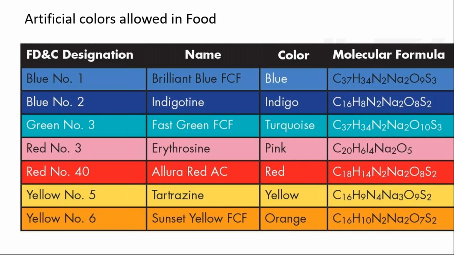So to complete this webinar, the artificial colors which are allowed in the food industry, and when I take up the regulations, I will tell you about them, are different blues and greens, that is brilliant blue, indigotine, fast green, erythrosine, allura red, tartrazine, sunset yellow, and in India, ponceau also is allowed.